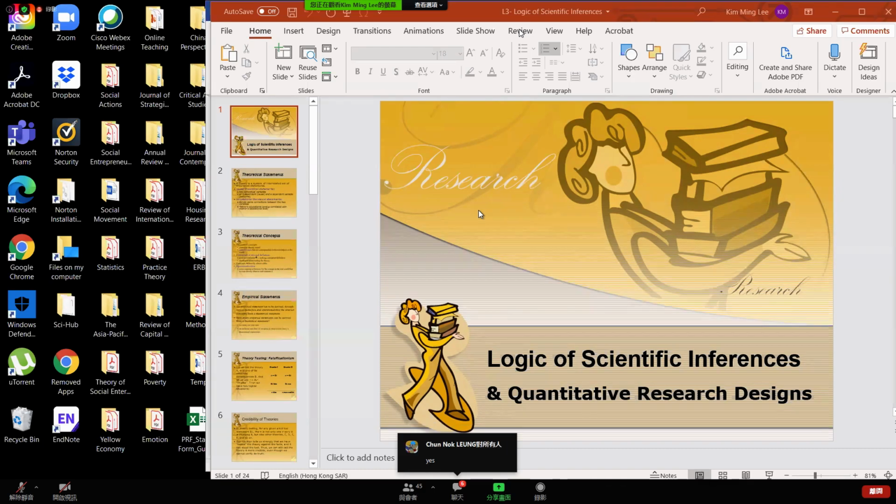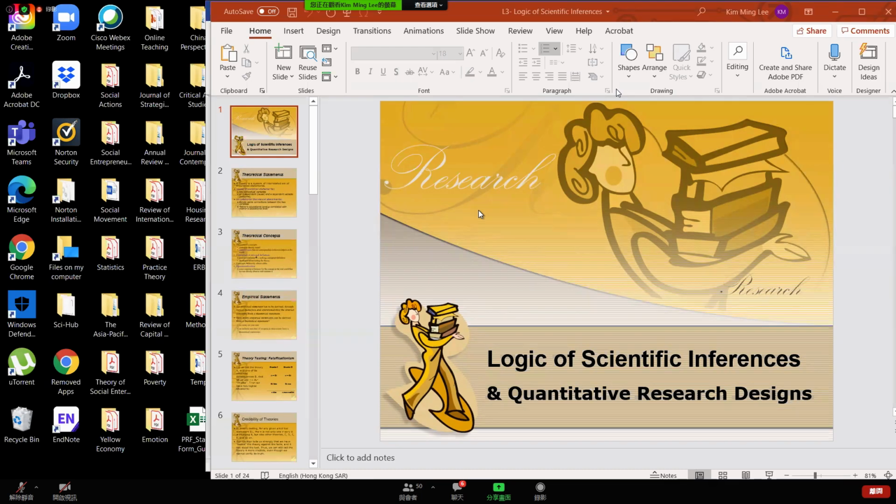Okay, so let us start our lecture. Today we'll talk about the logic of scientific inferences, and it is the foundation for quantitative research design. Last time we talked about qualitative research design. In the first lecture, we talked about the wheel of scientific research, that means knowledge accumulation. It involves two separate stages.